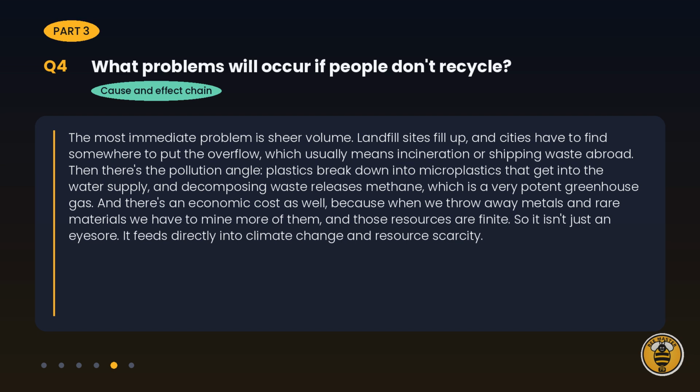And there's an economic cost as well, because when we throw away metals and rare materials, we have to mine more of them, and those resources are finite. So it isn't just an eyesore. It feeds directly into climate change and resource scarcity.